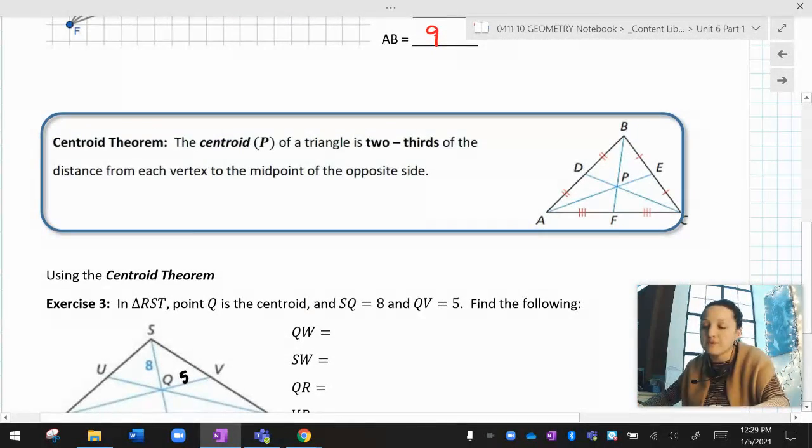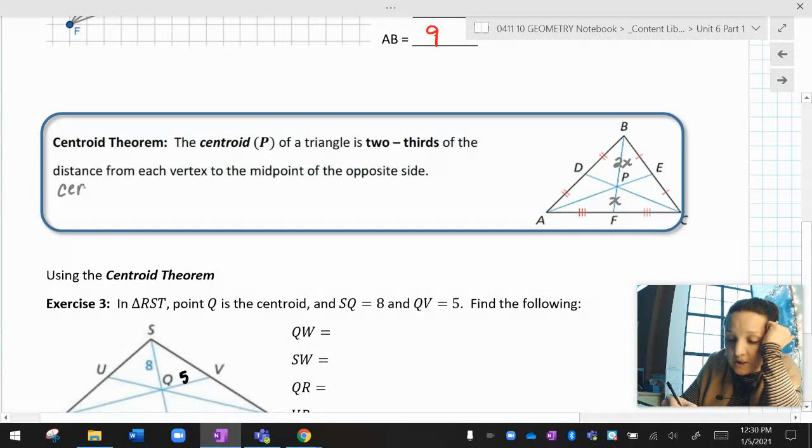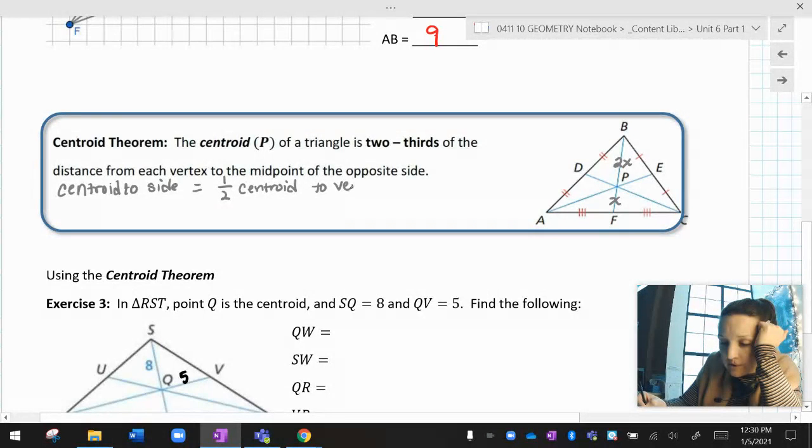The centroid theorem says the centroid P of a triangle is 2/3 the distance from each vertex to the midpoint of the opposite side. What does that mean? It means that the part that goes to the corner is twice as long as the part that goes to the side. Okay, so centroid to side equals 1/2 centroid to vertex.